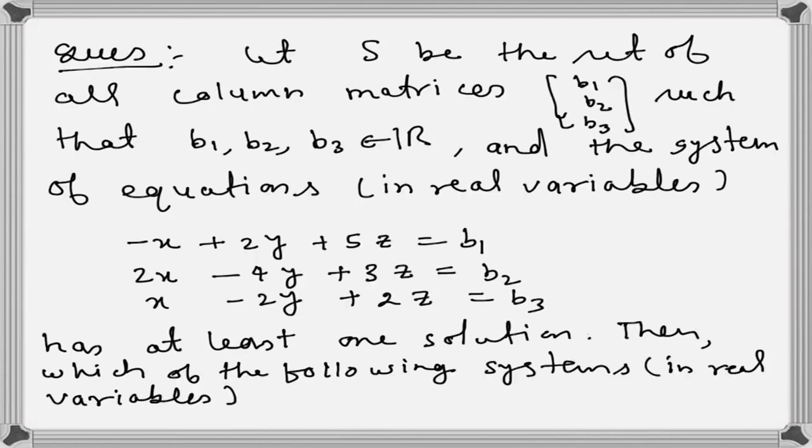The condition is that this system has at least one solution. So S is the set of all those b1, b2, b3 for which this system has at least one solution. Let's first form the set S.